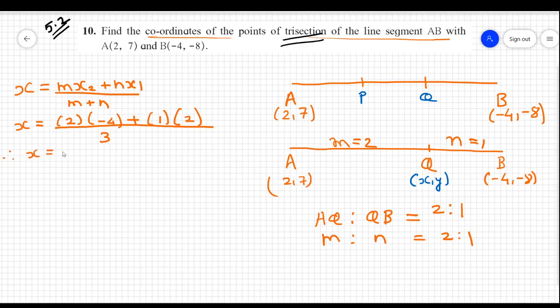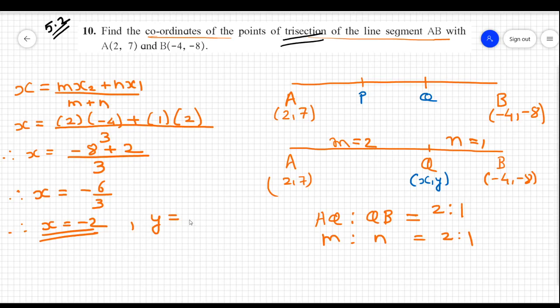Therefore x is (-8 plus 2) upon 3, which is -6 upon 3. So x comes out to be -2. That is the first value, we got it. In the same way, if you apply the formula for y, you will get your y. You have to solve that.